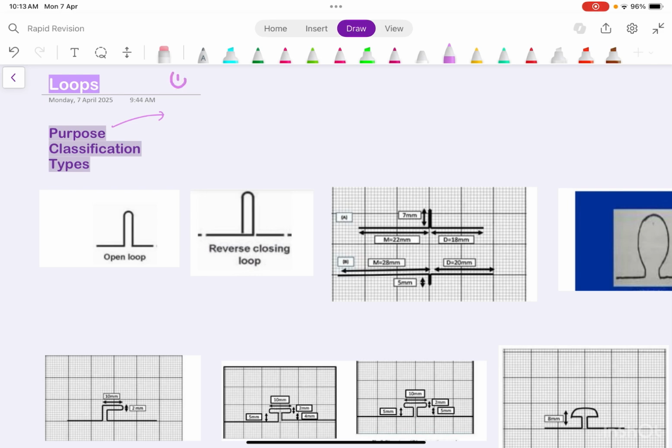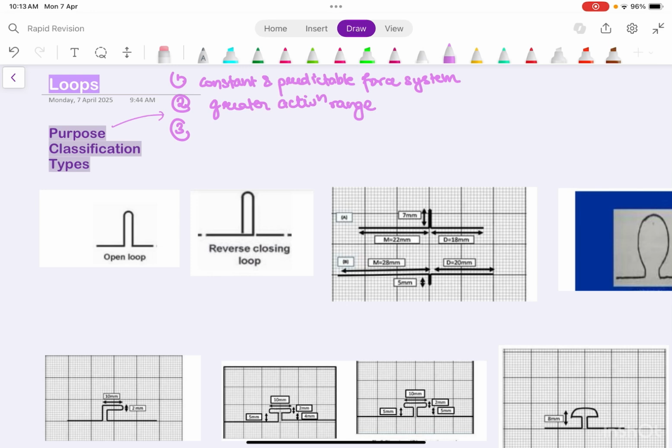First of all, it gives a constant and predictable force system. Then it allows greater activation range.